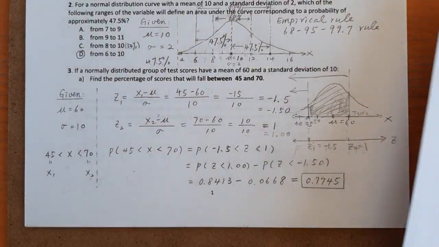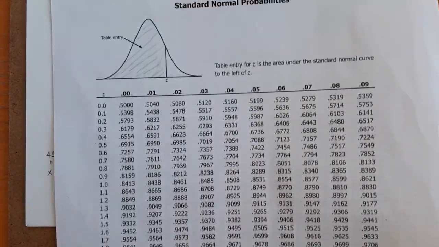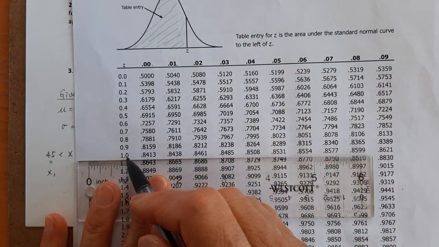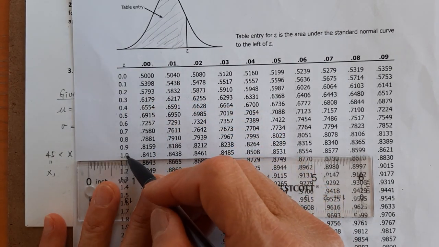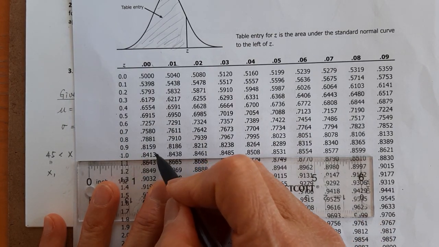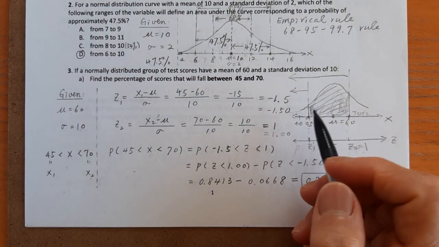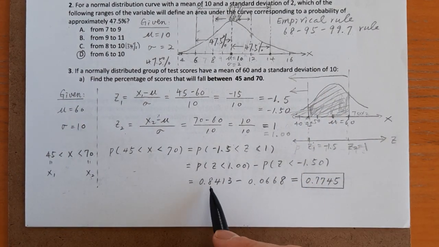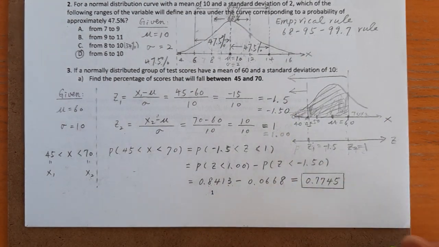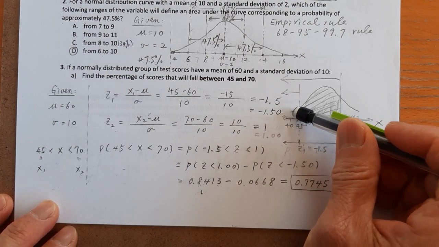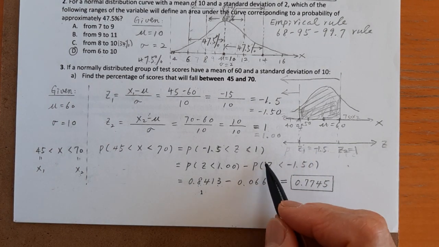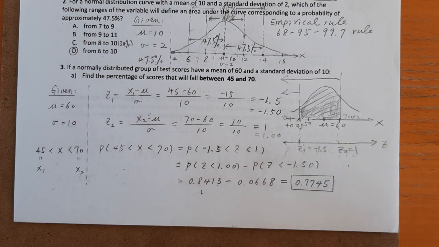So first of all, 1.00. Look at the table. 1.00 is 0.8413. So this probability is 0.8413 minus this area, which is to the left of negative 1.5, the probability of Z less than negative 1.50.